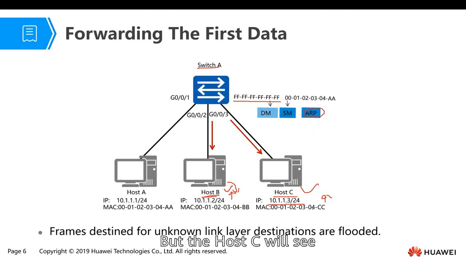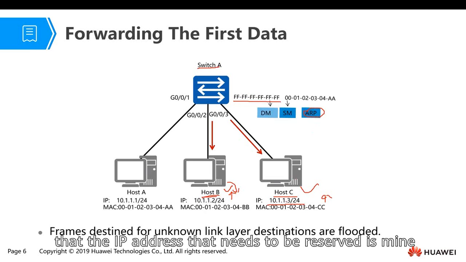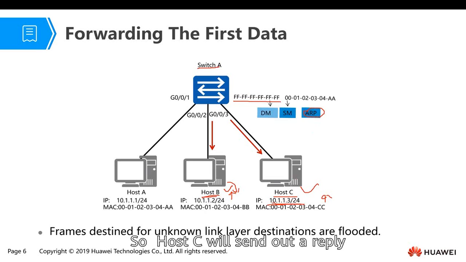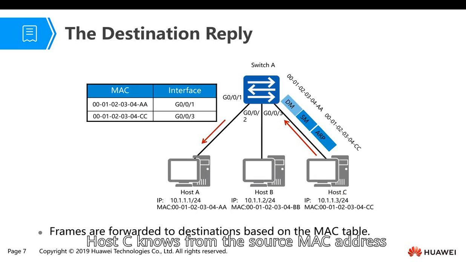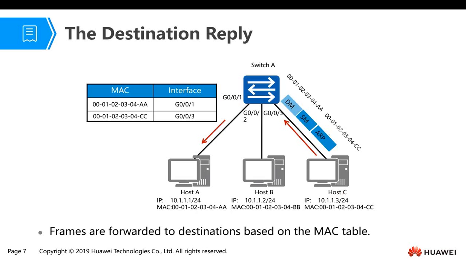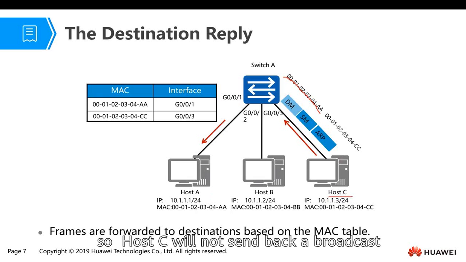But host C sees that the IP address to be resolved is its own IP address, so host C sends out a reply. When sending the reply, host C knows from the source MAC address of the ARP request that host A made the request. So host C does not send back a broadcast, it sends back a unicast.